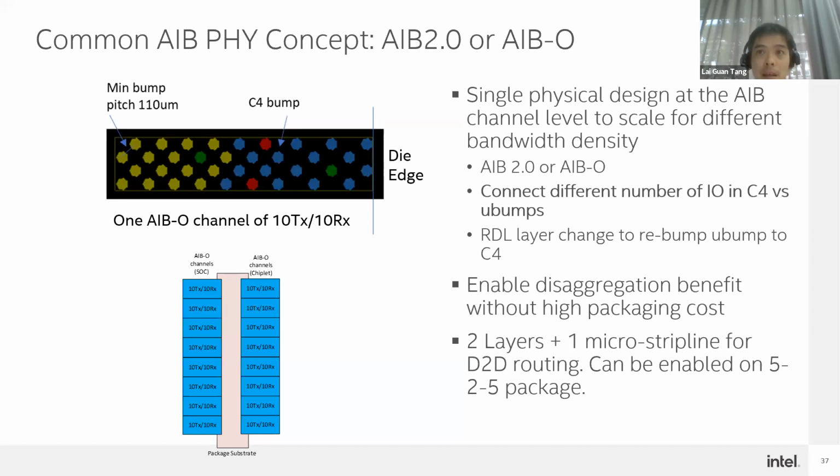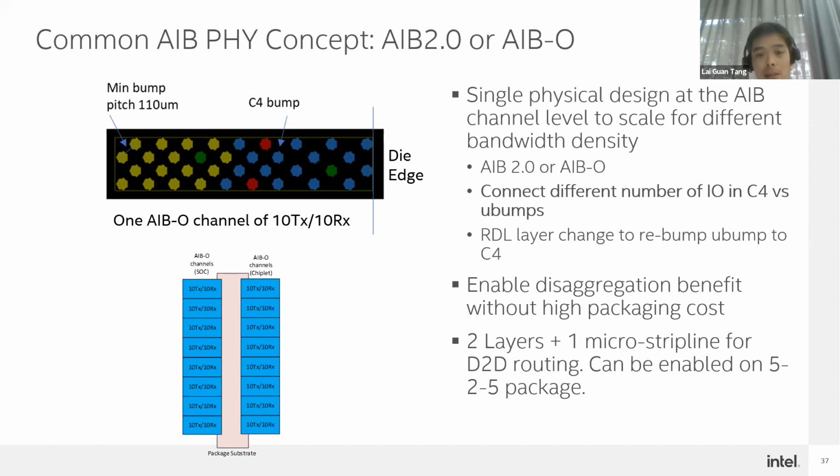One key aspect that we need to keep is the per channel shoreline of 312, right? The AIB always has this shoreline. This is the key for us to enable chiplet reuse. And by enabling AIB on more cost-optimized organic substrate technologies, we will be able to enable the disaggregation benefit without the high packaging cost.